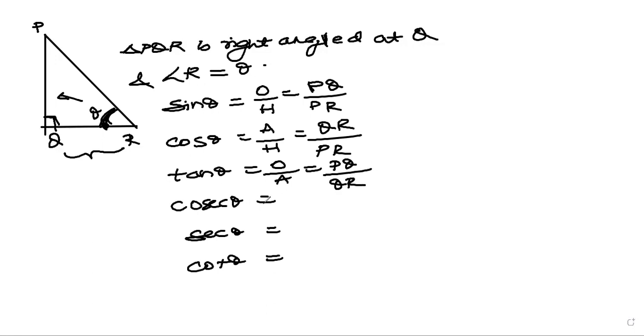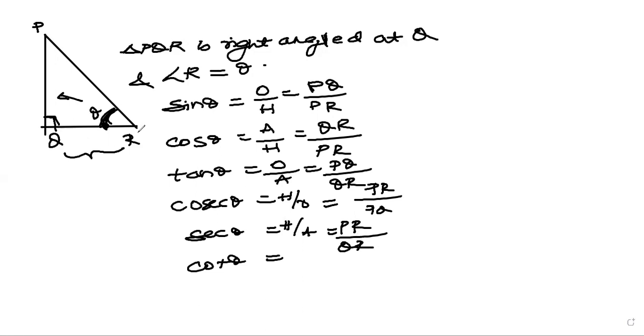Now, cosec of theta. Cosec is a reciprocal of sine, so it should be hypotenuse upon opposite side. Hypotenuse is PR and PQ is the opposite side. Sec is a reciprocal of cos, so it should be hypotenuse upon adjacent side: PR upon QR.